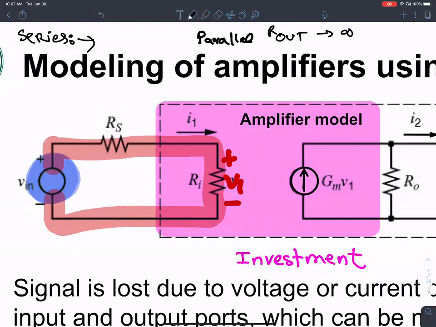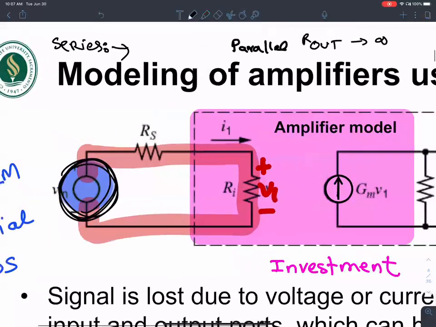I want most of the input that I apply to show up across this resistance Ri. So any resistance in series, R series, it could be R out as well, should ideally be close to 0.